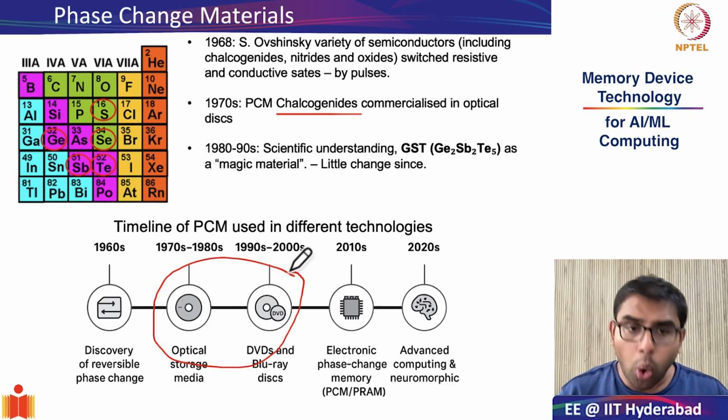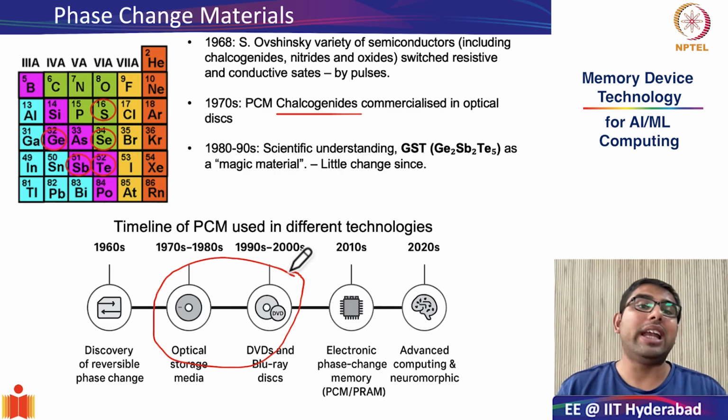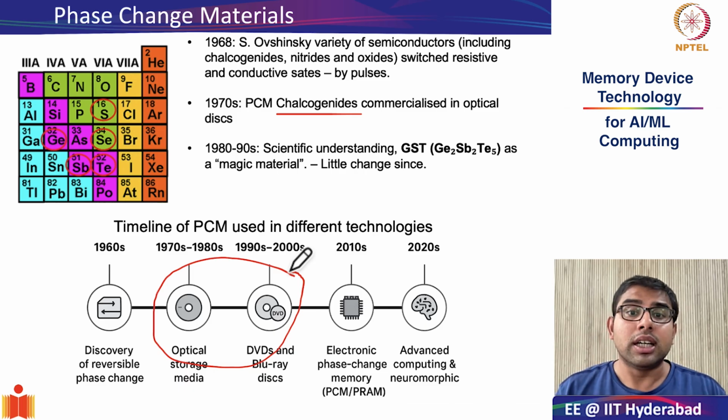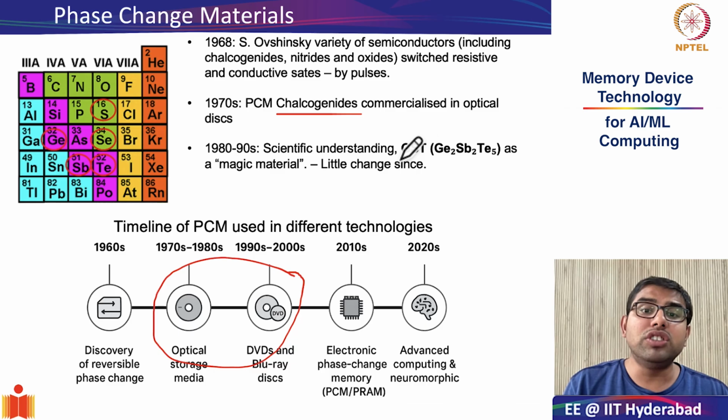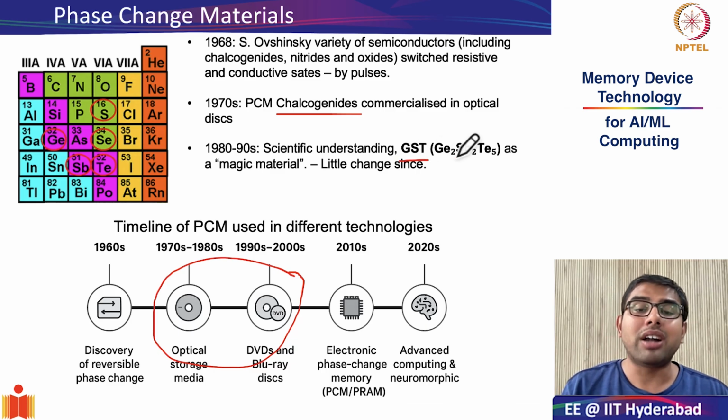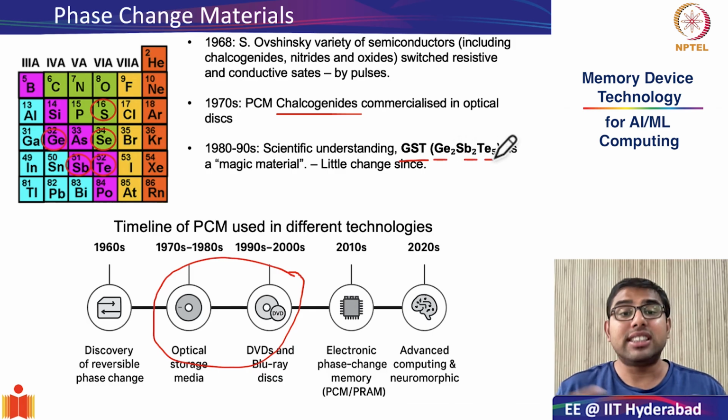And this is how you were able to write ones and zeros into these optical storage media by checking their reflectivity. Only very recently though, in the 80s and 90s, the scientific understanding of phase change materials, especially the discovery of GST, which we will study in detail, a ternary compound of germanium, antimony and tellurium, was developed. It was shown that it is more like a magic material with a lot of important properties.